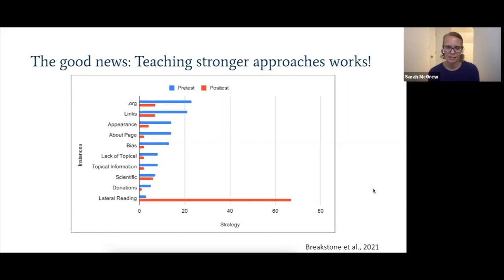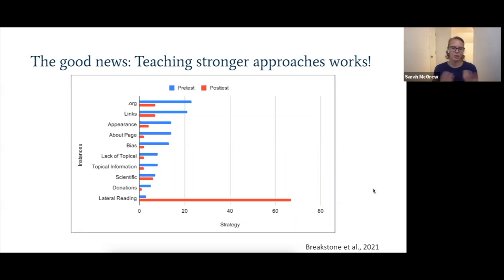You can see on the pretest, a lot of students are using strategies like judging the website based on its .org domain, on its appearance, on how it describes itself on its about page, or the amount of information it provides. And then on the post-test, the number of students using those strategies drastically decreases, and the number of students who read laterally increases several fold. Over 60% are using lateral reading on the post-test.